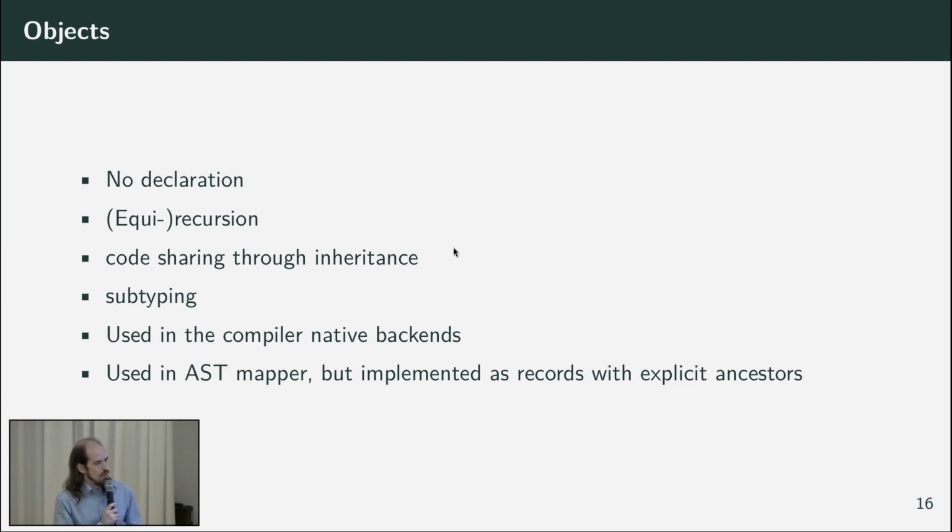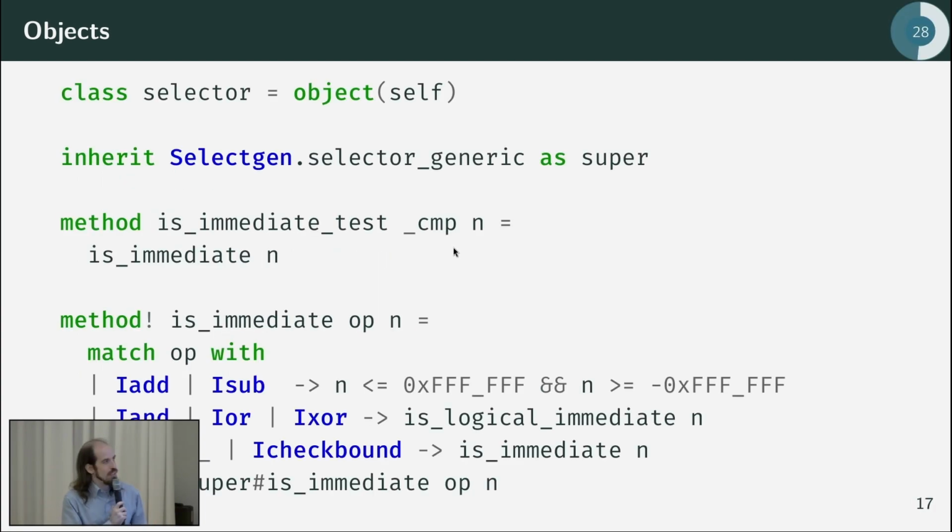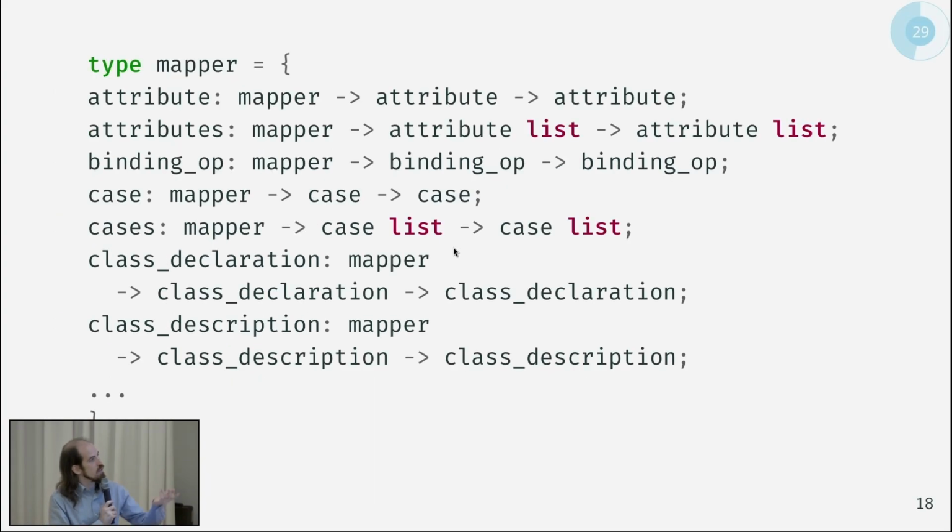So we don't have objects in the bytecode compiler? Well, it depends a lot on what you call an object. An example of an object in the native compiler is instruction selection per architecture. So mostly it's selecting instructions depending on the architecture.